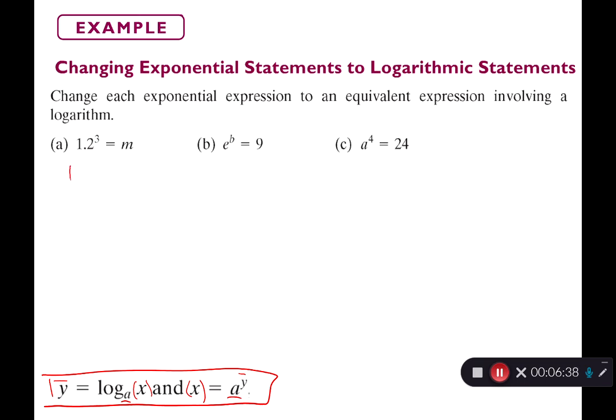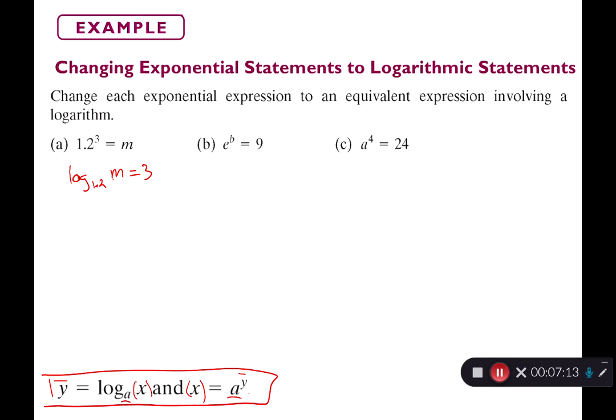I always write log first, and I know my base is my subscript, so my base is 1.2. So I'm going to put 1.2 down there. And it equals our exponent. So the log base 1.2 of m is 3.